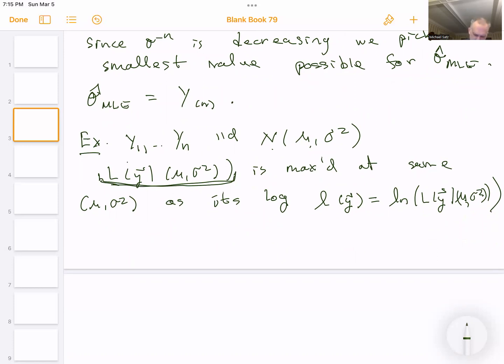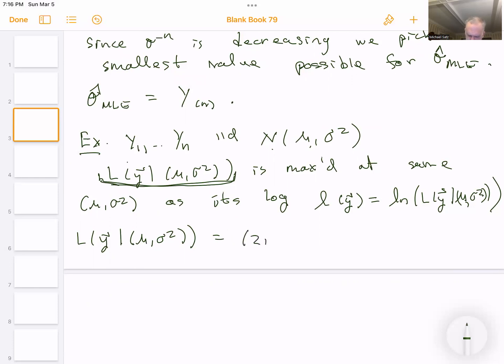All right, so let's write this out. So we have L y is just equal to, so remember we've done this now once or twice, so I think we can just write this down.